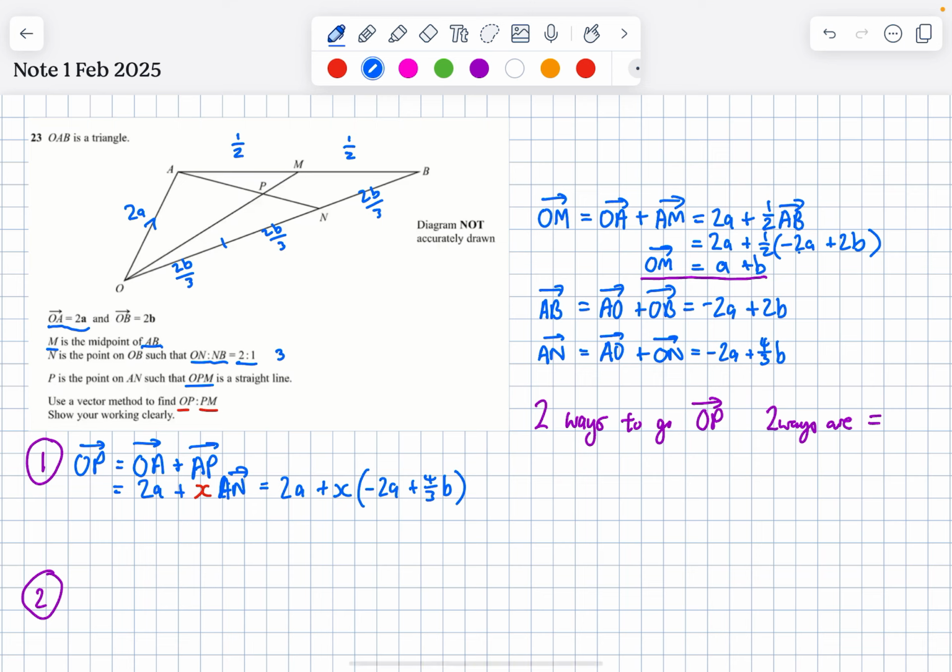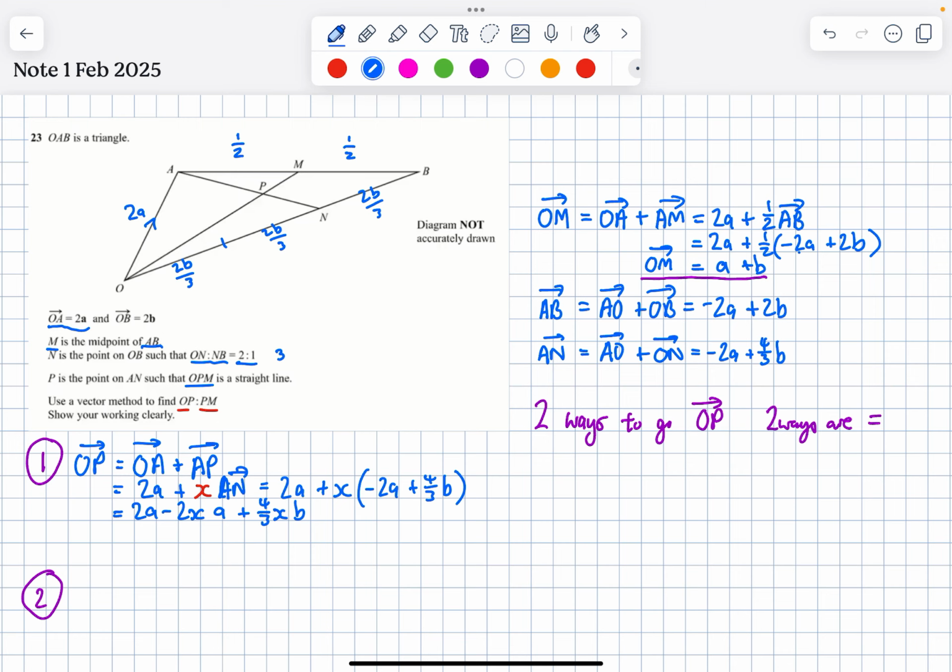Now I want to rewrite these in terms of a and b. So I have 2a, and then I'm taking away 2 times x times a, so I've got 2a minus 2xa. And then I've got x times 4/3 b, so 4/3 x times b.